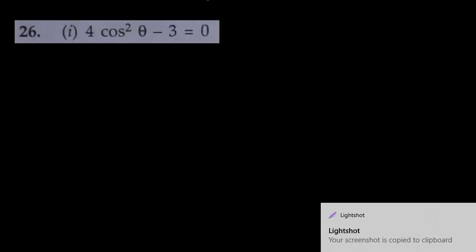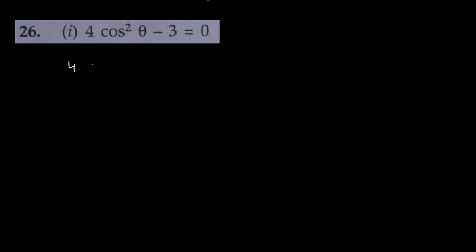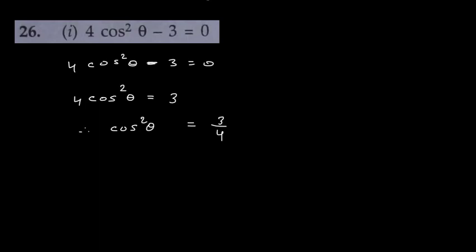Now this question is 4 cos square theta minus 3 equals 0. So when 4 cos square theta minus 3 is 0, I can say that 4 cos square theta equals plus 3. Therefore cos square theta is 3 divided by 4.